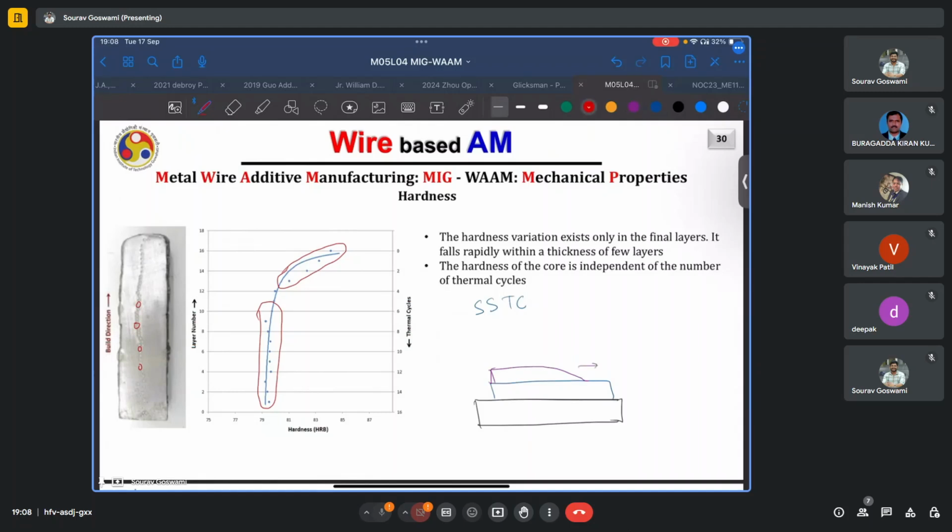What happens is heat flow actually occurs by conduction through this previously built layer into the substrate, and it may also occur, it does occur by convection and radiation.